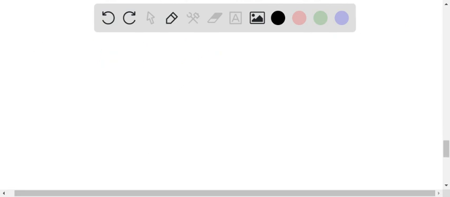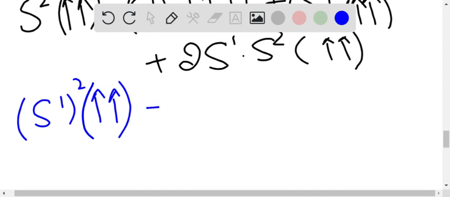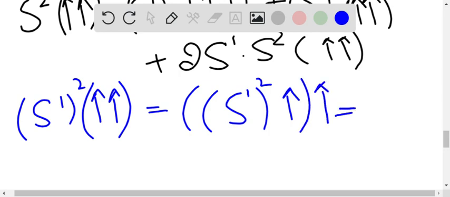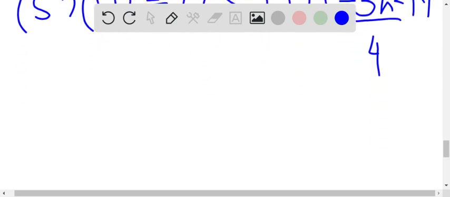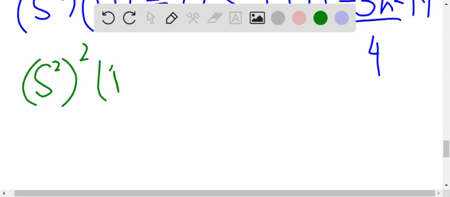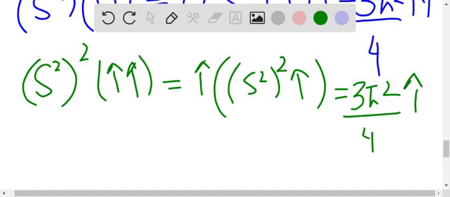The first term, S1 square acting on upward, is equal to 3h square divided by 4. Next we have the second term, S2 square, which is equal to 3h square divided by 4.